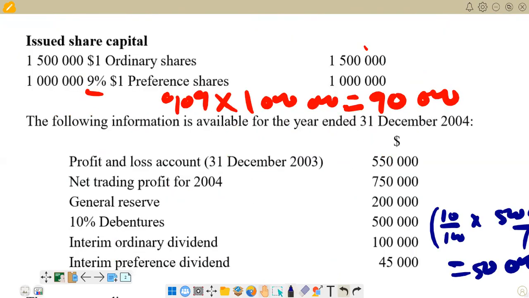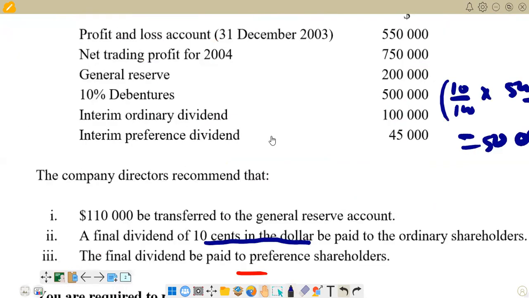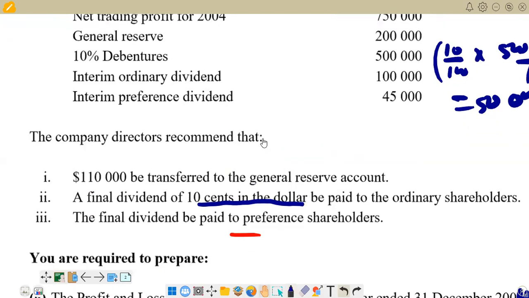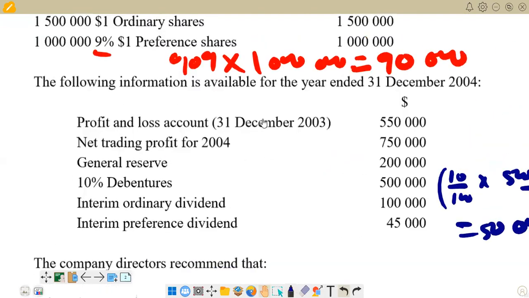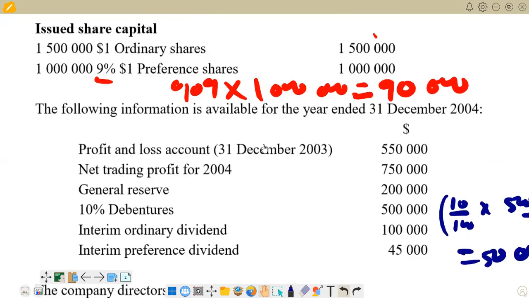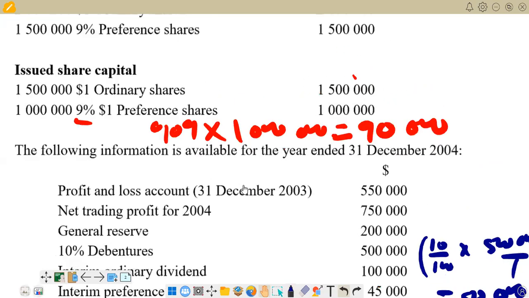The instruction about final should be below. Right. The final dividend of 10 cents in the dollar be paid to ordinary shareholders. So what does it mean? It means 10 cents times the value that we have there for ordinary. So 10 cents, you see that we have got 1,500,000 there. So 10 cents, 0.10, and we multiply by 1,500,000.